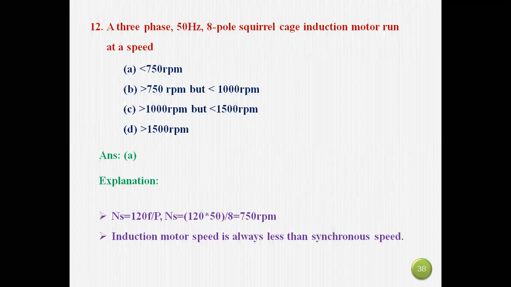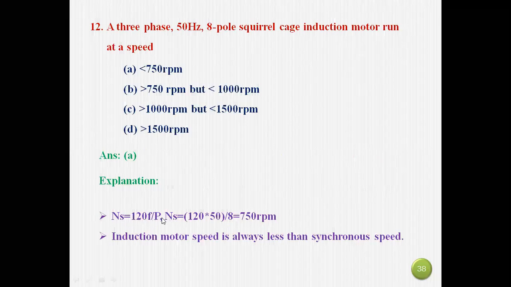A 3-phase 50 Hz 8 pole squirrel cage induction motor runs at a speed. We have the values of frequency and poles. You can calculate the synchronous speed directly, Ns equal to 120 f upon P. And what we have seen? We have seen that capital N will always be less than the synchronous speed. So whatever speed you get, it will be less than that.